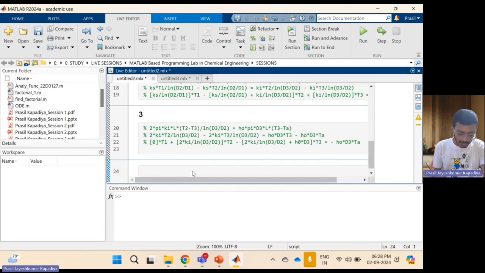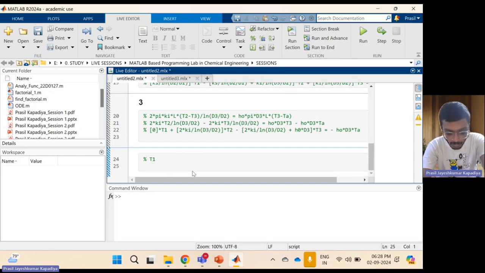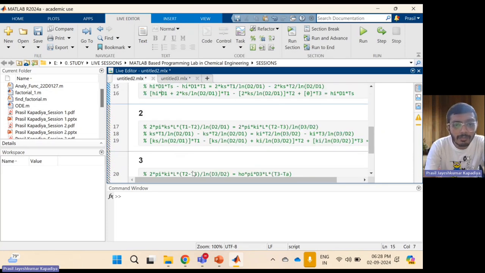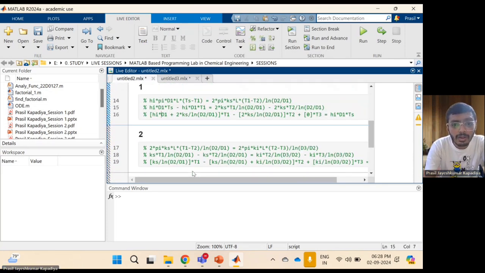Okay. So here, we will have to write down three coefficients. First matrix, let's say it is A1. Let's first write it down for T1, where temperature T1 is coefficient. So our matrix will be A1 is equal to this term. This term is my first.